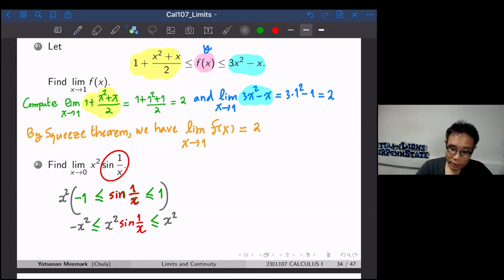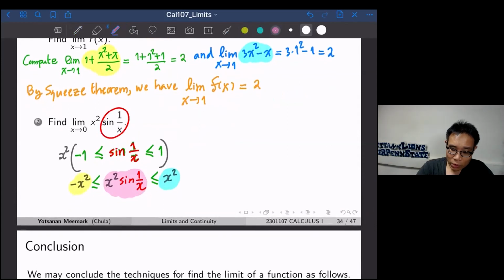And you see that this one will give you the bottom function, the yellow function, and this guy will give you the top function. And the ham for the sandwich theorem turned out to be the middle function, the function that we are looking for the limit of. So you're going to compute the limit of the yellow guy.